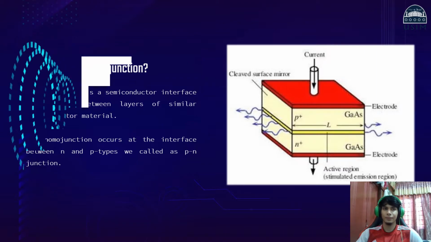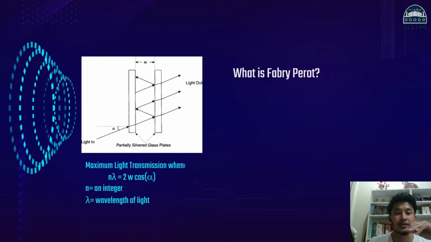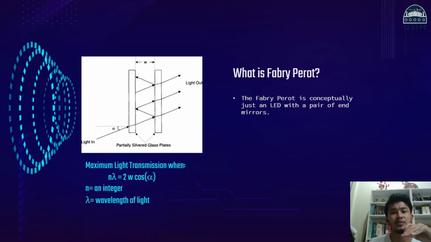What is Fabry Perot? Fabry Perot is a laser oscillator in which two mirrors are separated by an amplifying medium with an inverted population, making a Fabry Perot cavity.